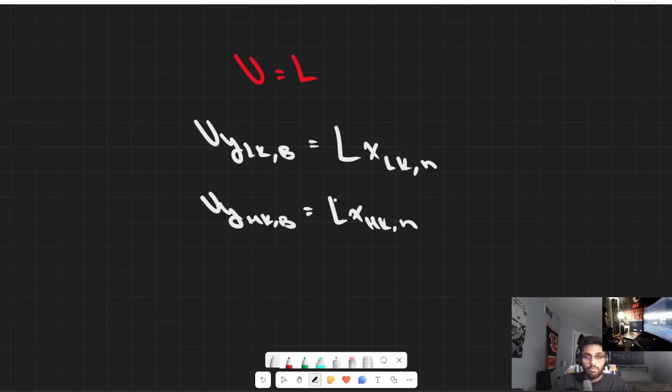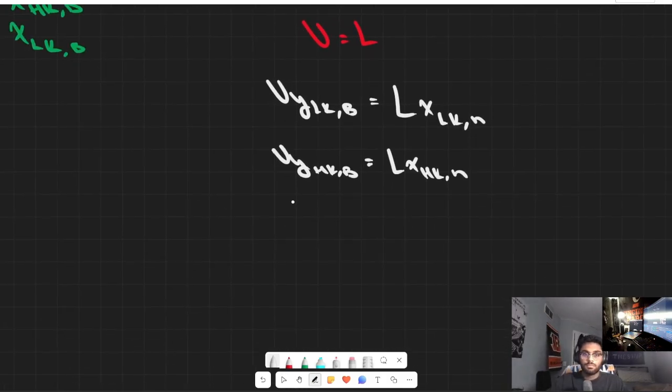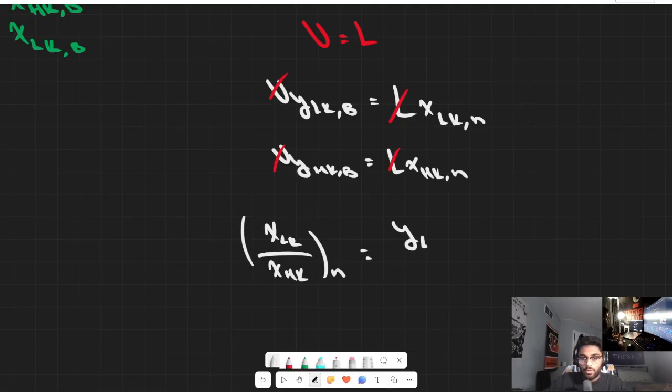So here is the next set of relationships. Similar to what we did before, let's divide this once again. I'm actually going to reverse the order, and you'll see why in a minute. But basically our liquids are going to cancel out and our vapors are going to cancel out. So x of our light key over x of our heavy key from stage N is equal to y of our light key over y of our heavy key from the bottoms.